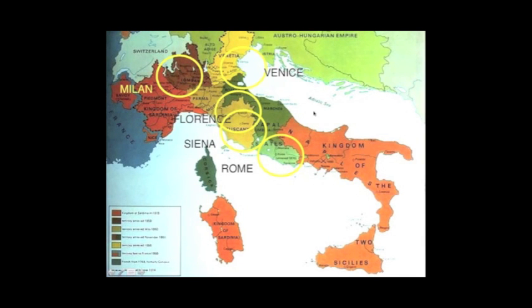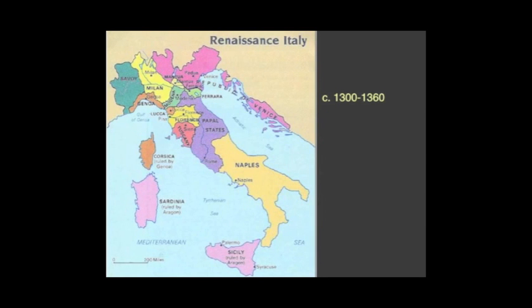The cities we see here, Rome, Siena, Florence, are a little bit more removed than Milan from this edge of Gothic. And the map that we have here shows you the political divisions of Italy during a period of about 1300 to 1360, which is the time we're going to be talking about.